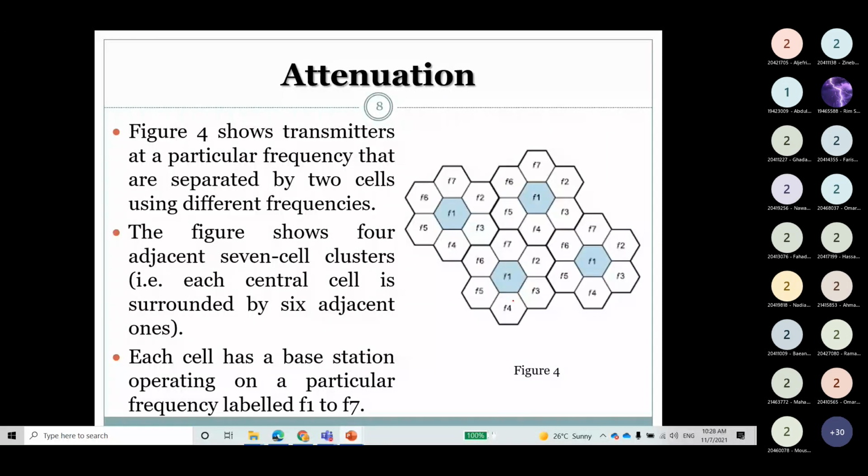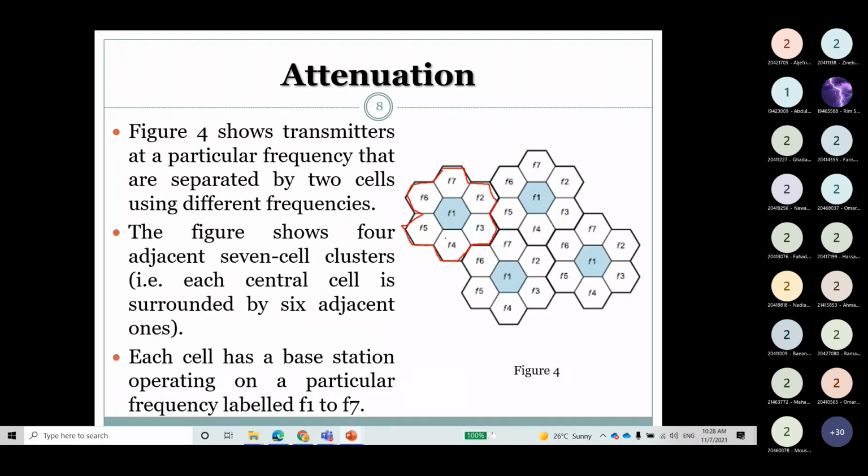Now look at figure 4. Figure 4 shows transmitters at a particular frequency that are separated by two cells using different frequencies. You can see here, in this huge cell composed of 7 cells, we can reuse the same frequency.